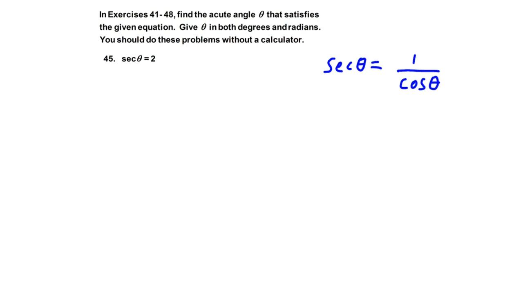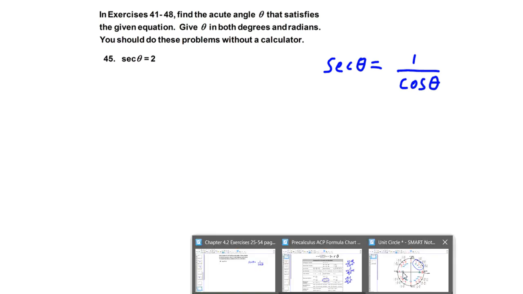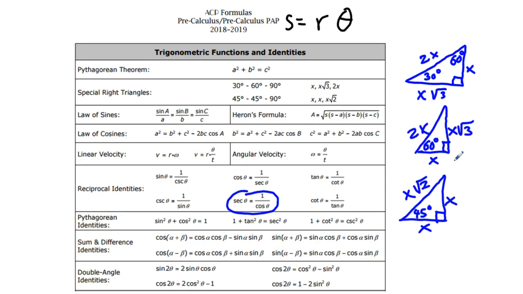And so what we're looking for is an angle where the cosine is adjacent over hypotenuse. So it looks like we have cosine of 60 degrees equals x over 2x.